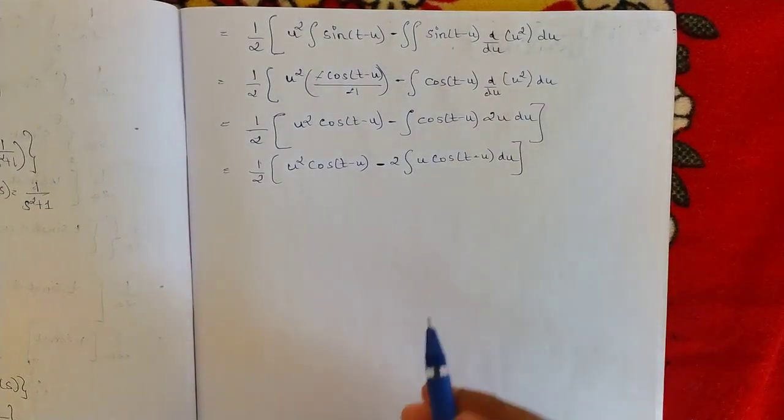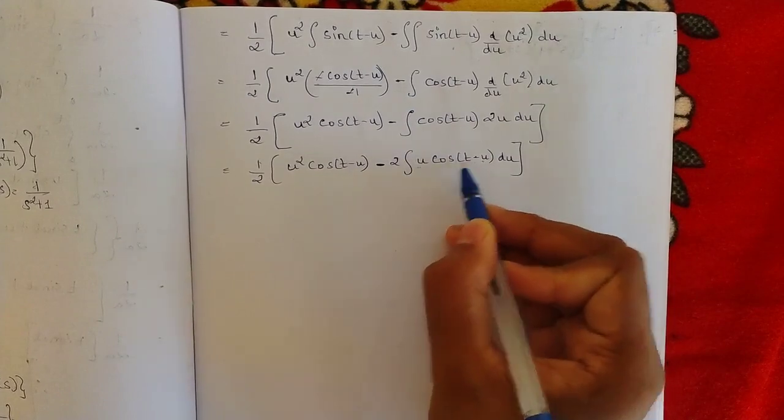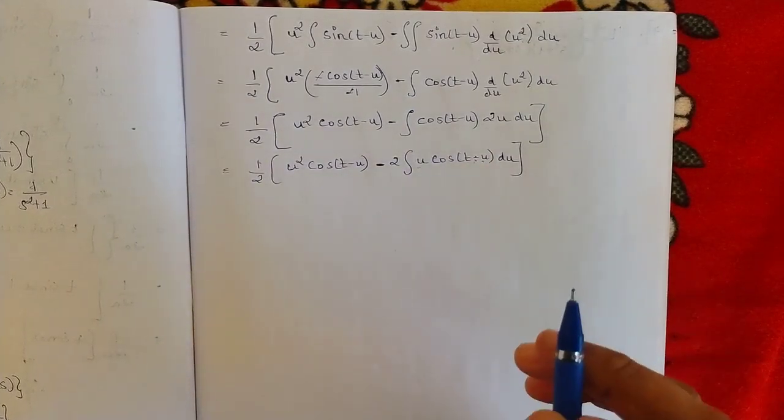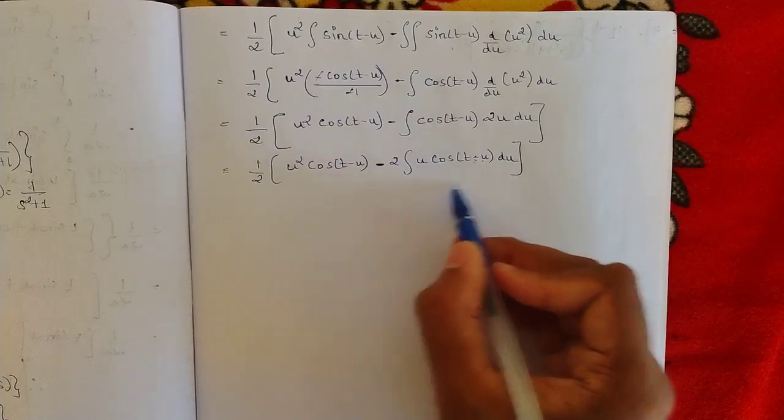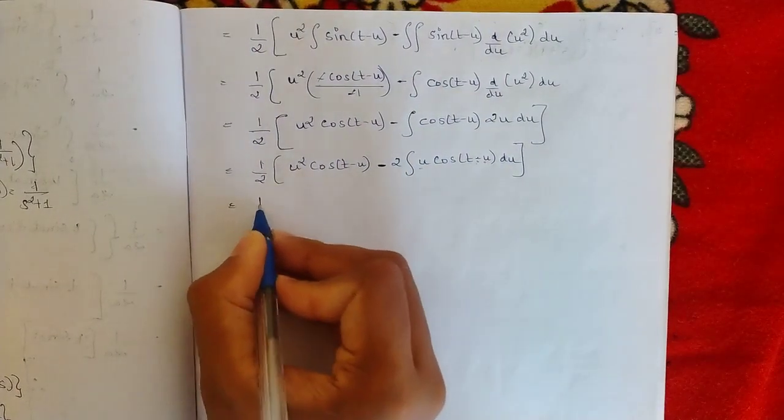So again here, if you observe this part, these two terms are different terms, they are getting multiplied again, right? So again for this part you should be using the integration by parts. Okay, so further solve it as it is.